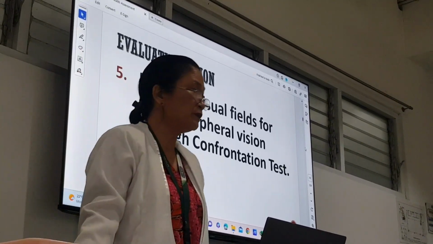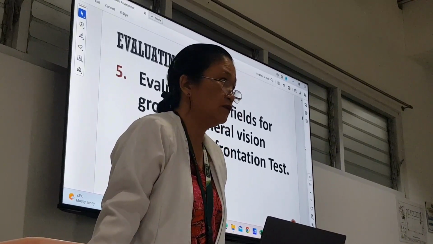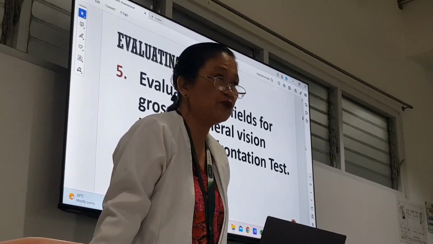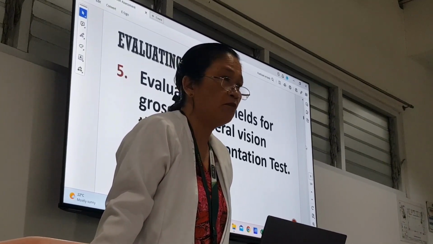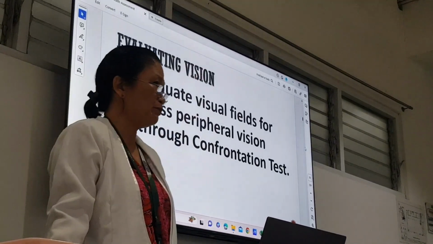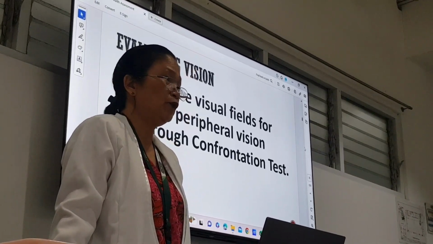Now, what part of the brain is your peripheral vision from? Is it into your temporal lobe, your parietal lobe, your occipital lobe, frontal lobe, what?